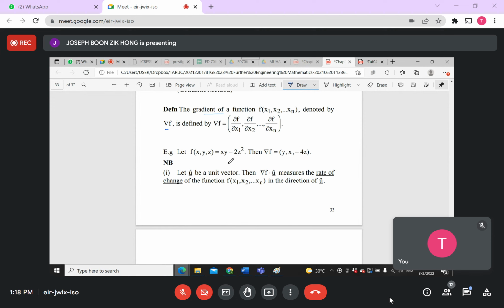Then what is your del f? Differentiating with respect to x, I have y. Differentiating with respect to y, I have x. Differentiating with respect to z, I have negative 4z. So this will be the gradient of this function.